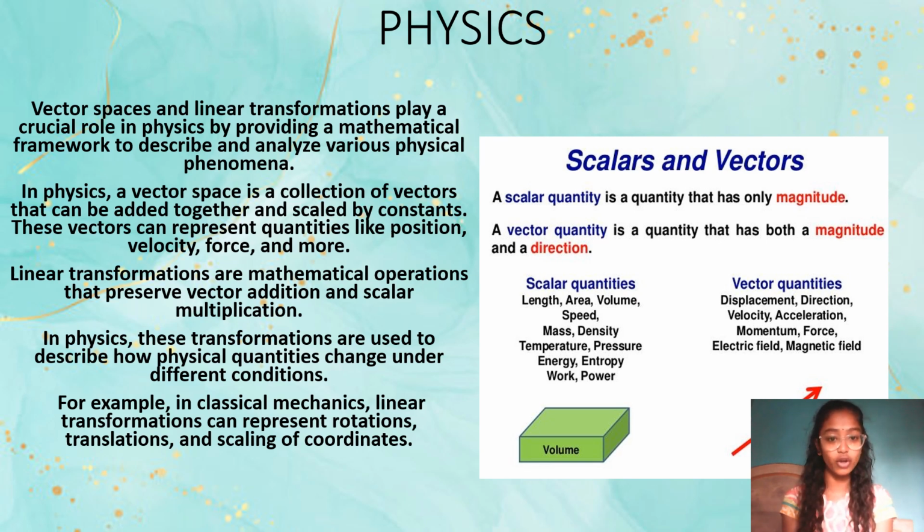Linear transformations are mathematical operations that preserve vector addition and scalar multiplication. In physics, these transformations are used to describe how physical quantities change under different conditions. For example, in classical mechanics, linear transformations can represent rotation, translation, and scaling of coordinates.